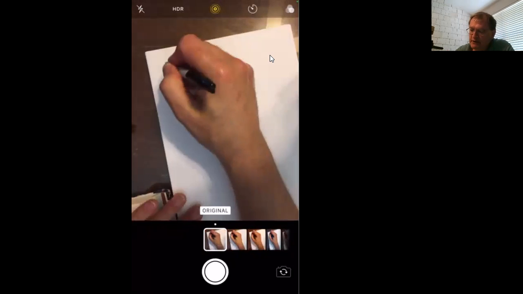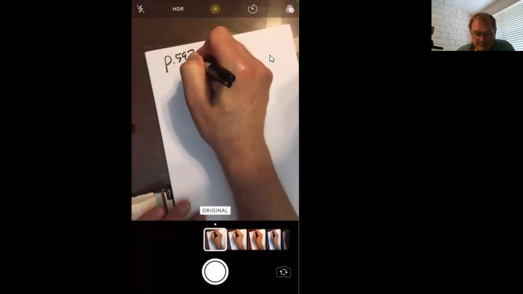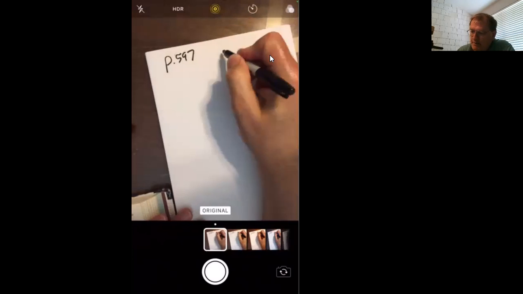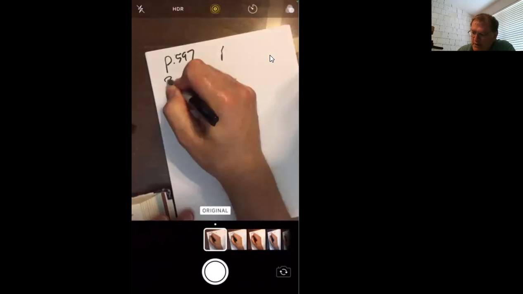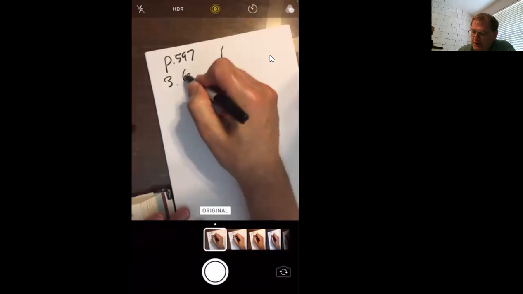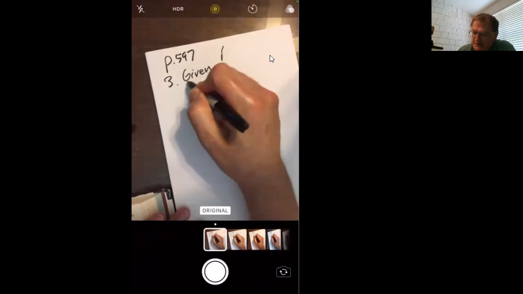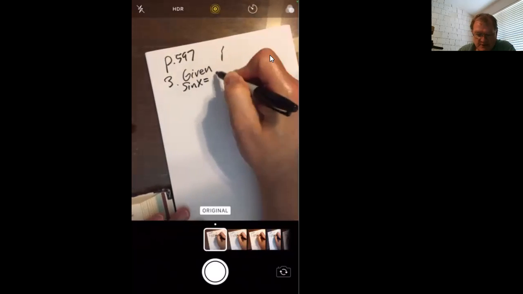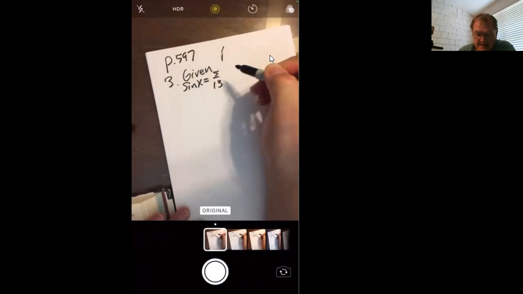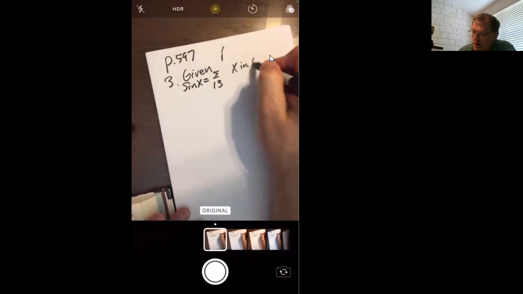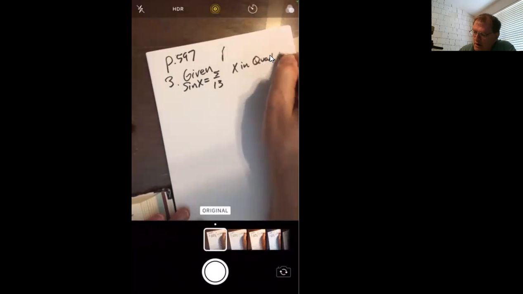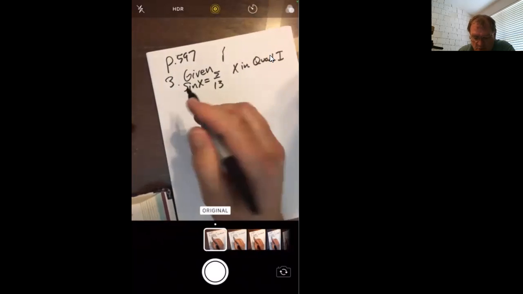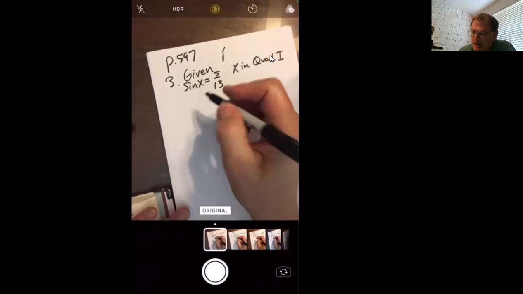Page 597, here's an example of what they're going to have you do. Page 597, number 3, say. Here's what you're given: sine of x is 5 over 13, x in quadrant 1. These are more like projects than problems.